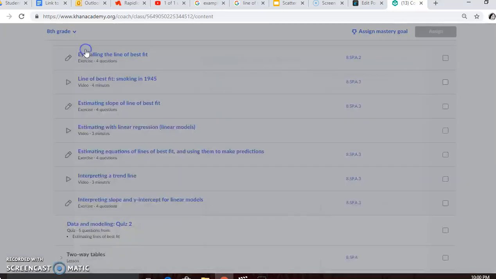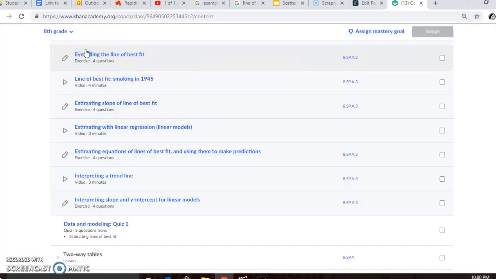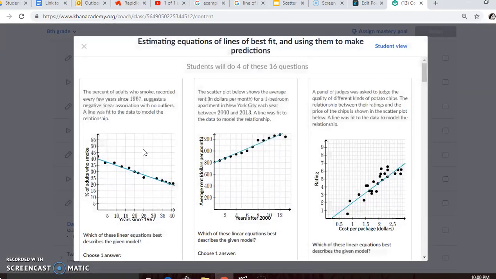Now, what else did Miss Kaiser pick for us to do? This one. This one's more involved. It says, estimating equations of lines of best fit. So let's stop there for a minute. I'm going to have lines of best fit, and each one of them has an equation attached to it.